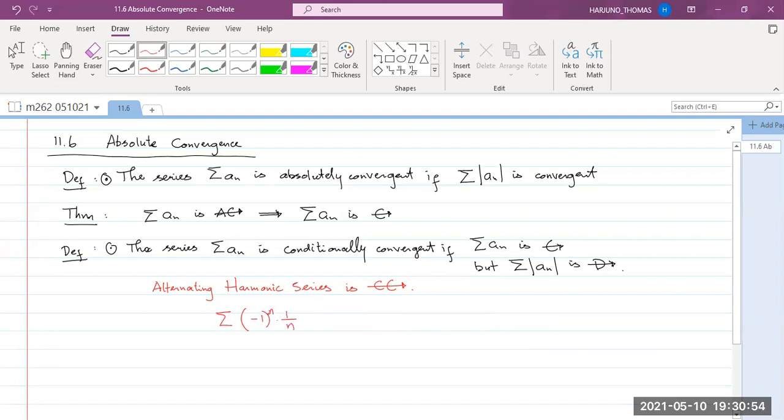Remember that? Now, this series is convergent, but the series of the absolute, which is the harmonic series, is not. So that's conditionally convergent. Now, from the theorem that we have here, we see that one way to show that a series is convergent is to show that it is absolutely convergent.